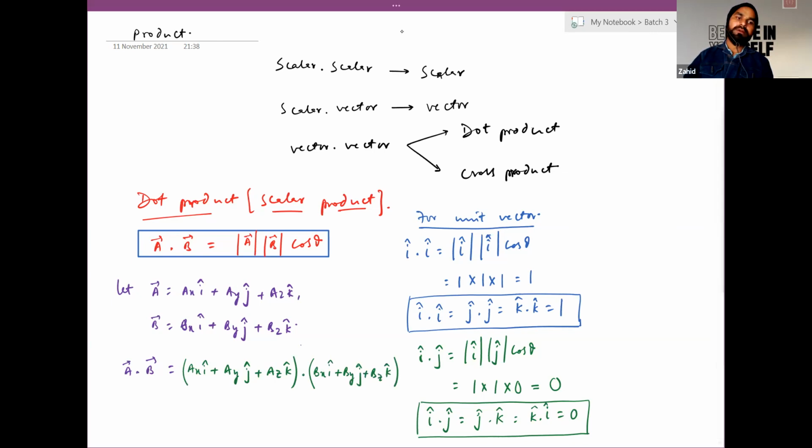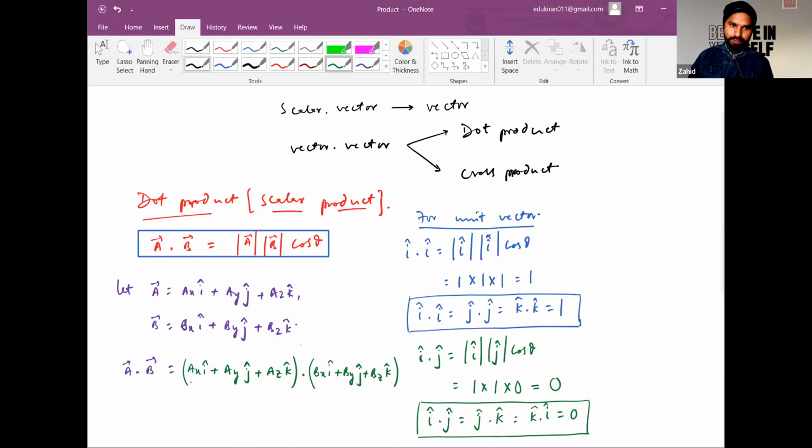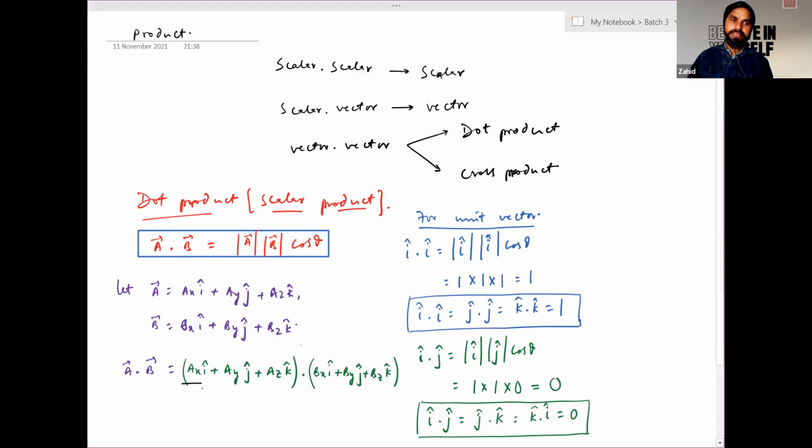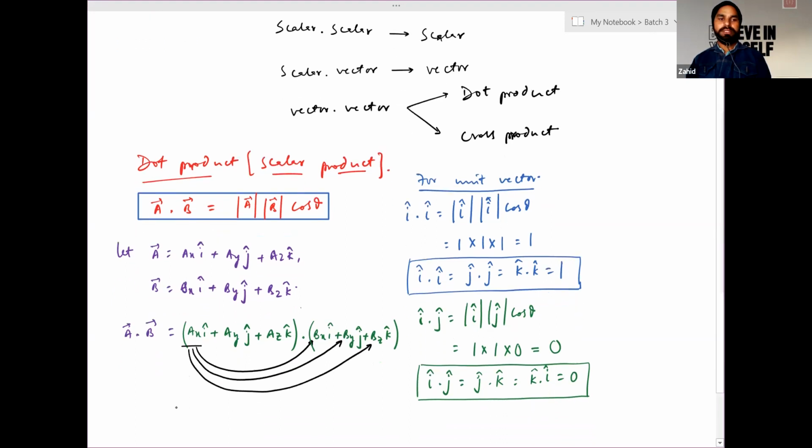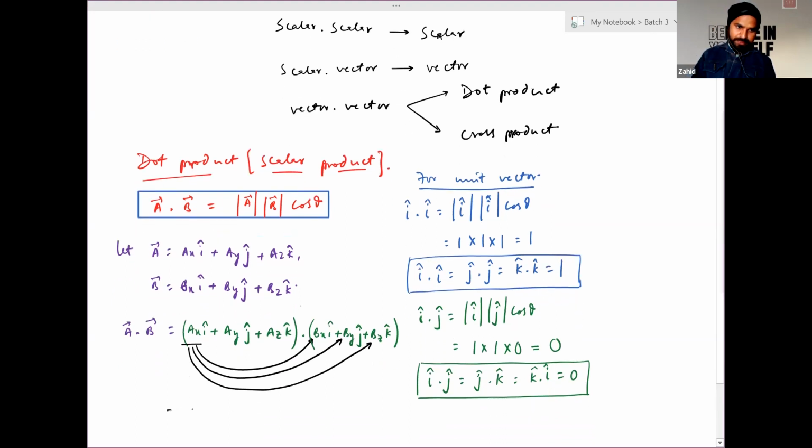Using the distributive law, if you expand it, you take the first component multiplied by each component of B. Now, if you multiply Ax into Bx, I dot I will be 1, so it stays as it is.